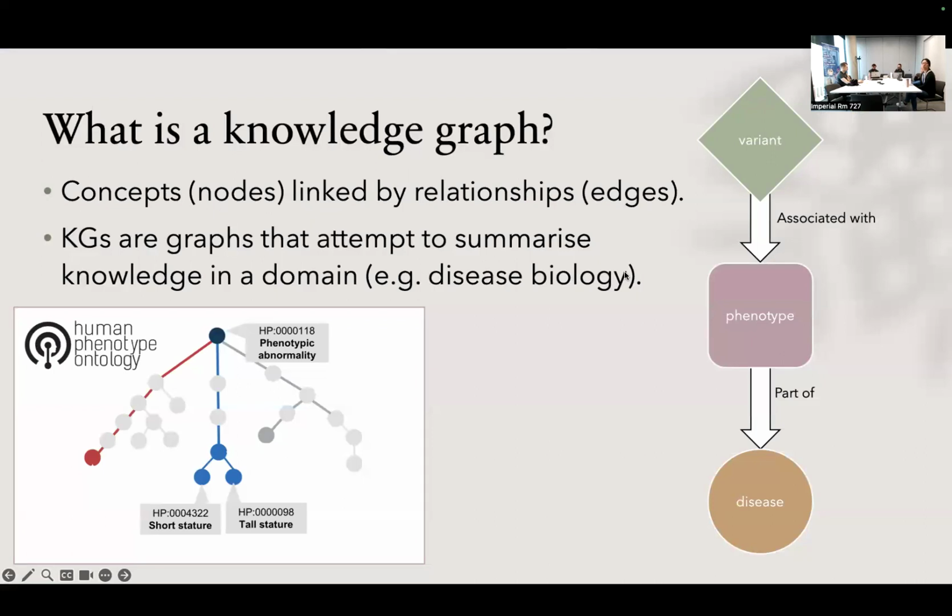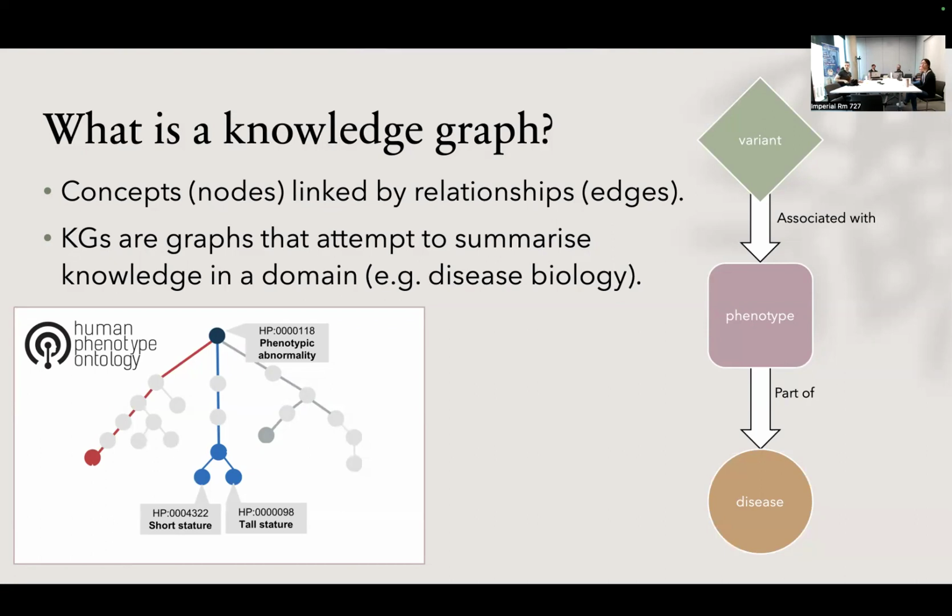And so, a graph more generally is a set of nodes connected by edges. And in the context of a knowledge graph, it's basically a way of formalizing knowledge that we have. That could be within some particular domain, let's say genomics, where we have concepts represented as nodes, and then relationships between those concepts as the edges, the connections between them.